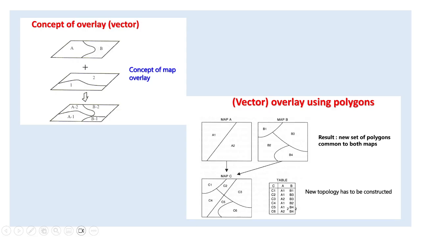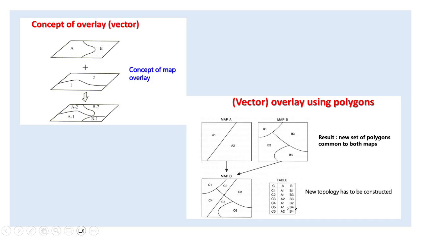Here on top, we have one map belonging to a geographic extent, and it has two polygons, A and B. Now for the same area, there is no difference in the area, we have another polygon map which has two units, 1 and 2. It's different, right? A and B is different, 1 and 2 is different, but the area is the same. You can see that polygons 1 and 2 are completely different in size and shape from polygons A and B.